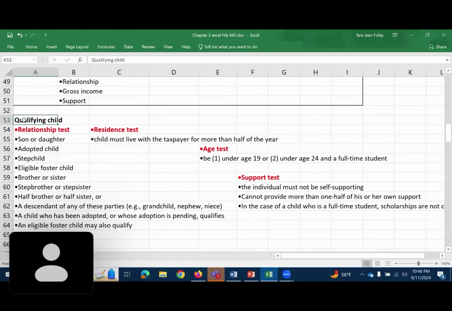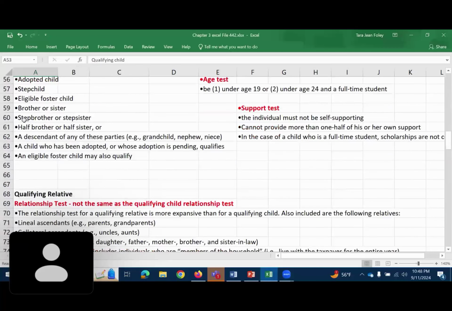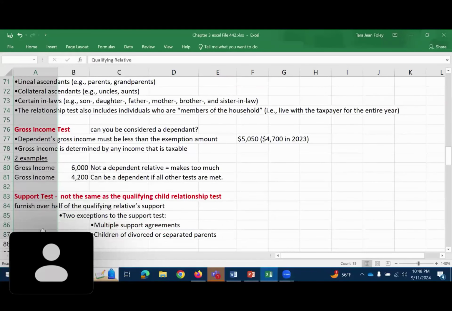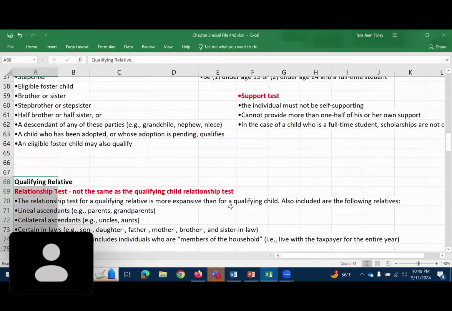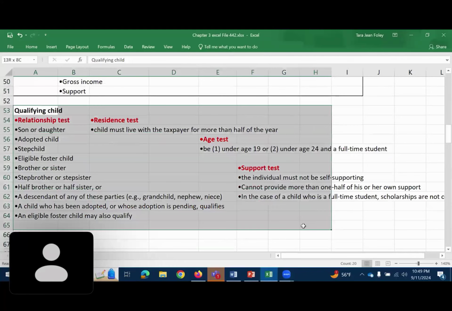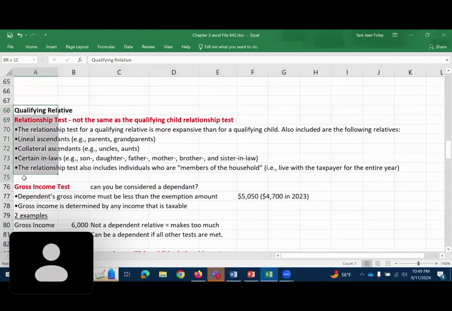But if that child meets the qualifying relative tests, they would be a dependent. Okay, so a qualifying child must meet all of these tests. If they don't meet these tests, I can look to see if they are a qualifying relative or other dependent.